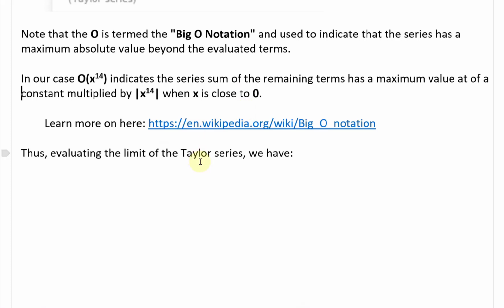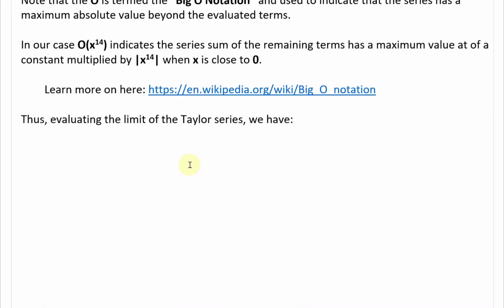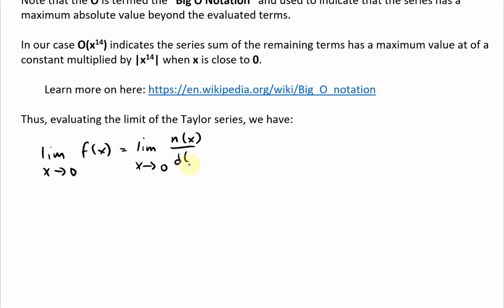Alright, so evaluating the limit using the Taylor series, I'm going to write this as the limit as x approaches 0 of f(x), which equals the limit as x approaches 0 of the numerator N(x) over the denominator D(x).